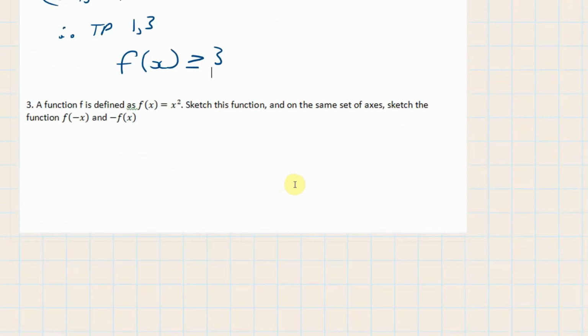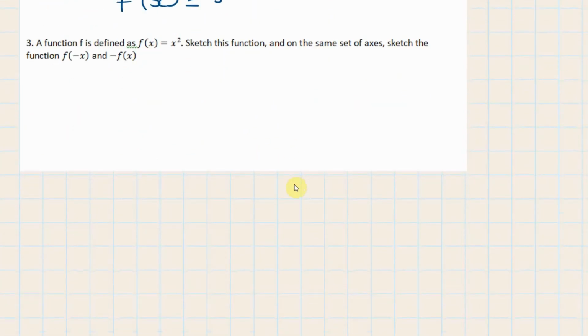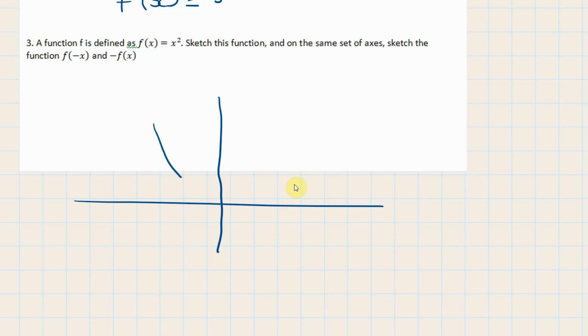All right, the last one that we're going to do today is we've got a function f(x). So here's our function f(x), it's x squared. That's f(x). Now, what happens if we do f(minus x)? Okay, well, we'd put the minus x in for the values of x and square them.